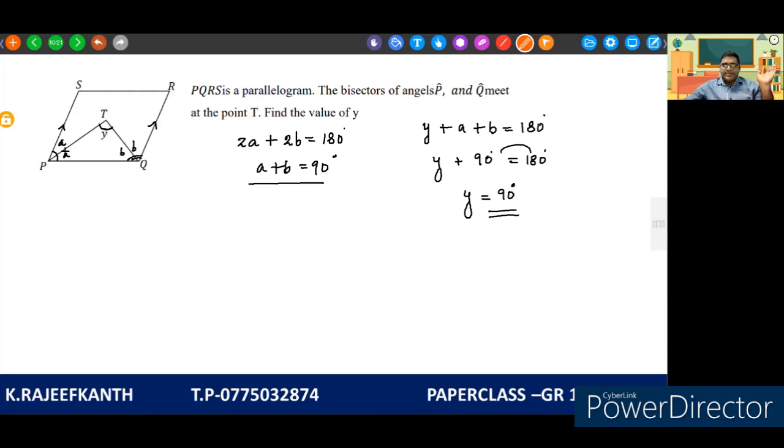So the sum of these two angles should be equal to 180. So 2A plus 2B is equal to 180. Then we can find the value of A plus B, that is equal to 90. Now PQT is a triangle, the sum of the interior angles of that triangle is 180 degrees. Then Y plus A plus B is equal to 180. Then Y is equal to 90 degrees. The next one.